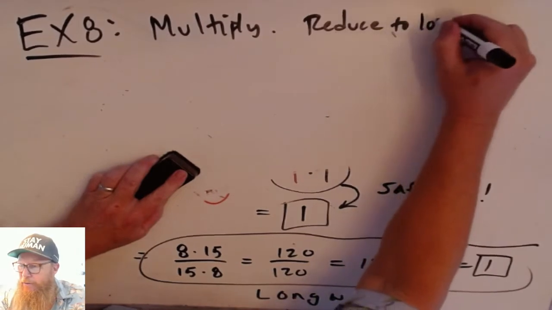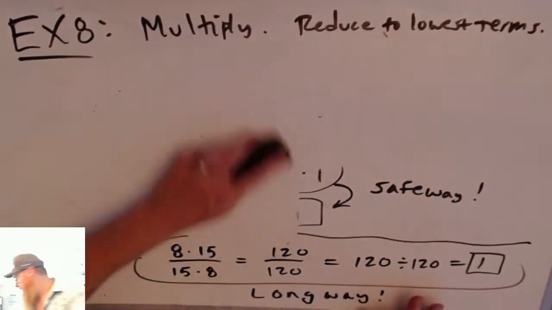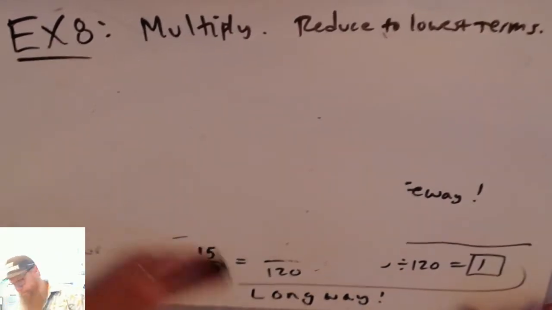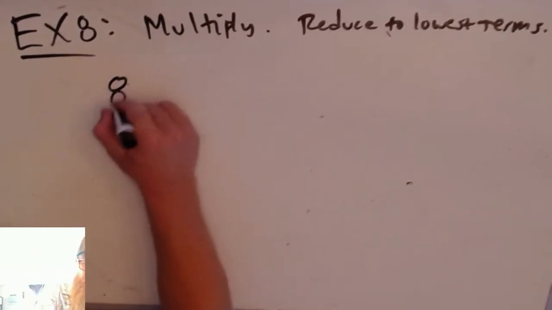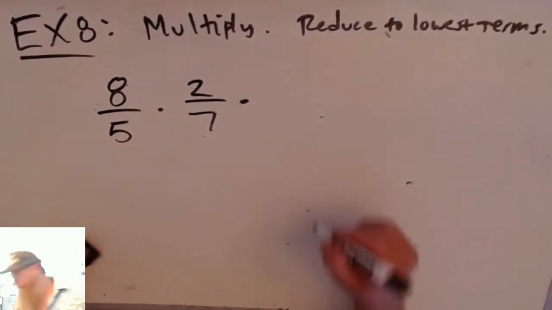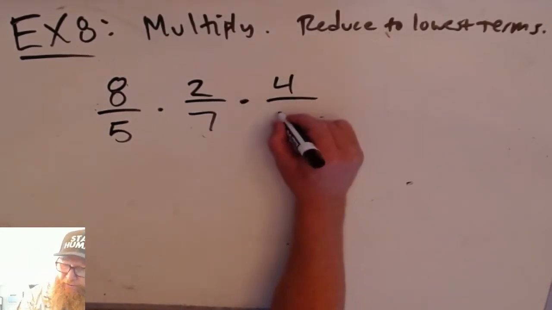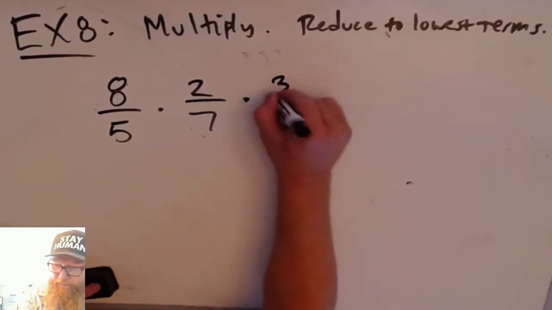Or I could say reduce to lowest terms. So 8/5 times 2/7 times 4/3 times 3/4. Sorry, I read it upside down.